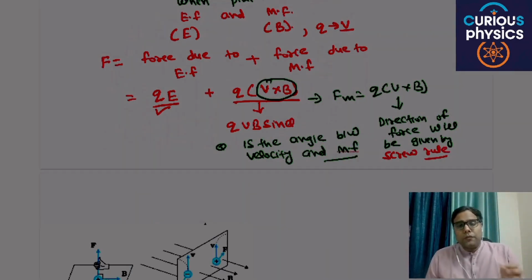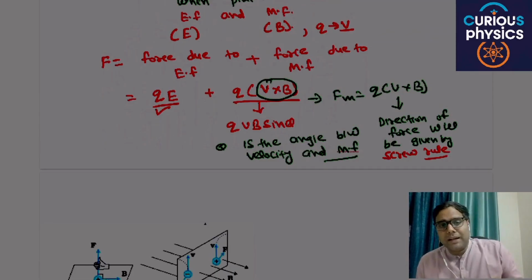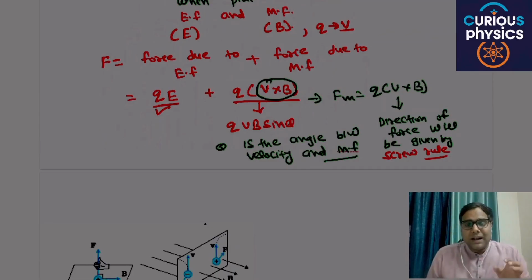How to find the direction of the magnetic force? The direction of magnetic force will be V cross B, and it will be perpendicular to both V as well as B. This can be found with the help of the screw rule. And what is the screw rule?